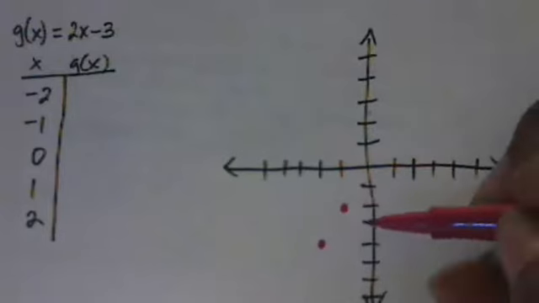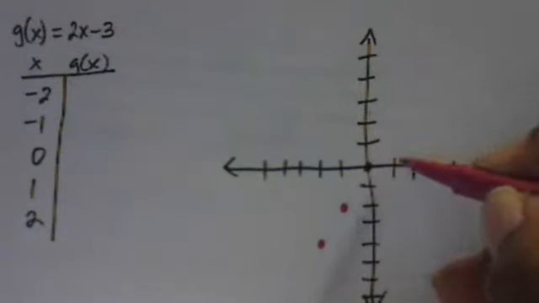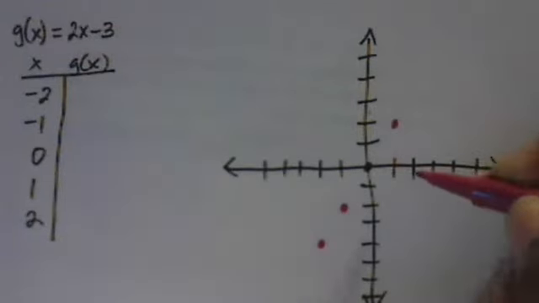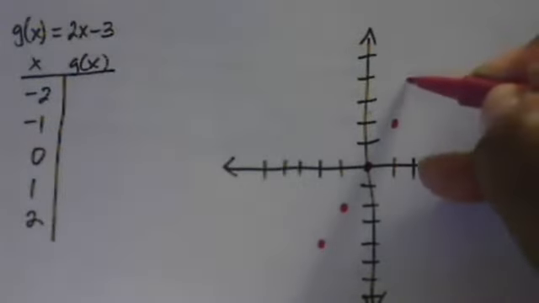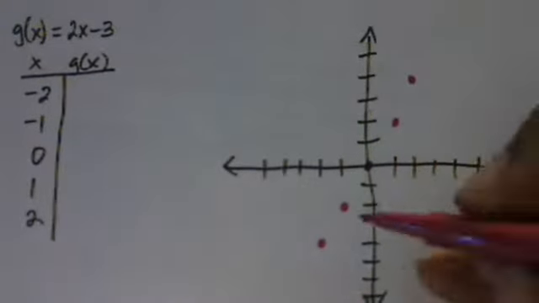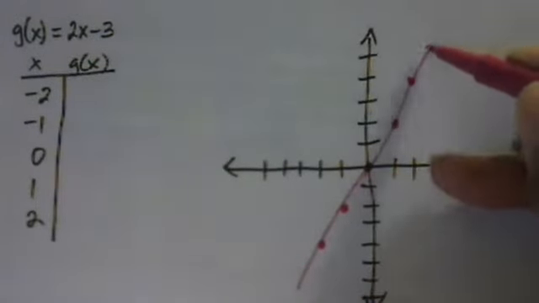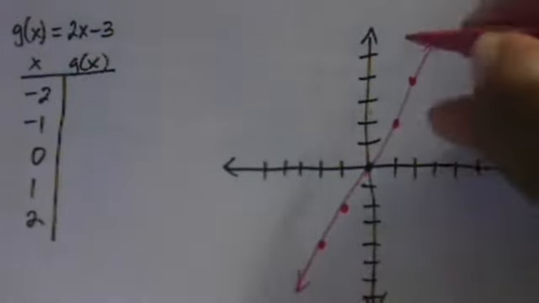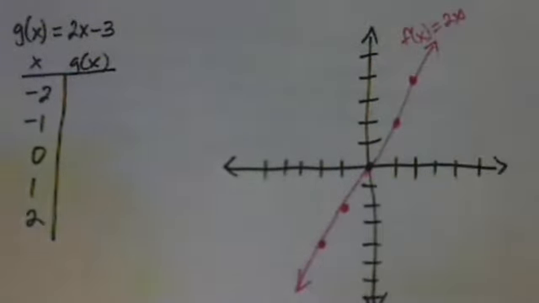And then 0, 0, that's at the origin. And then 1, 2 will be to the right 1 and up 2. And then 2, 4 was to the right 2 and up 4. And then we draw the graph of that line, which is f of x is equal to 2x.